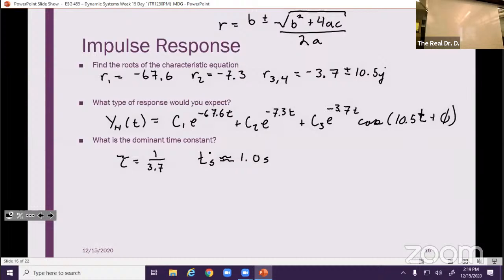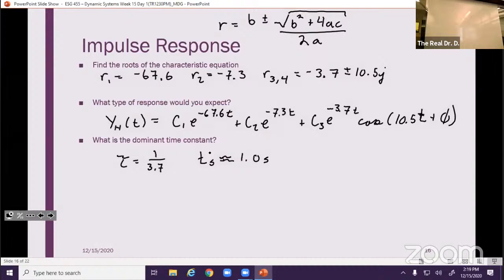So, in reference to the case study, that means it would take 1 second for the bump to go all the way through. After the impulse, it will take 1 second to recover and get back to 0. Once the force is gone, we dip off. It's going to take 1 second for us to recover.